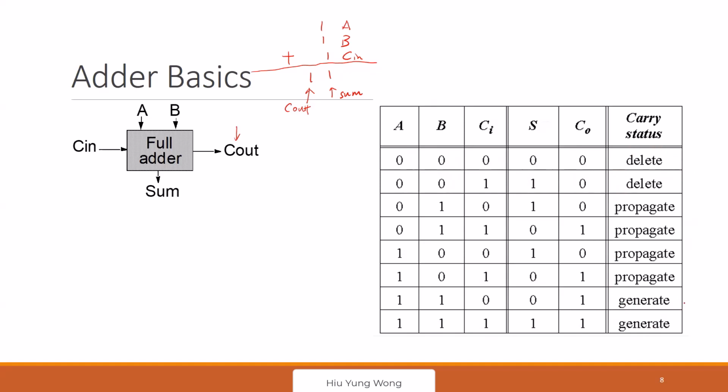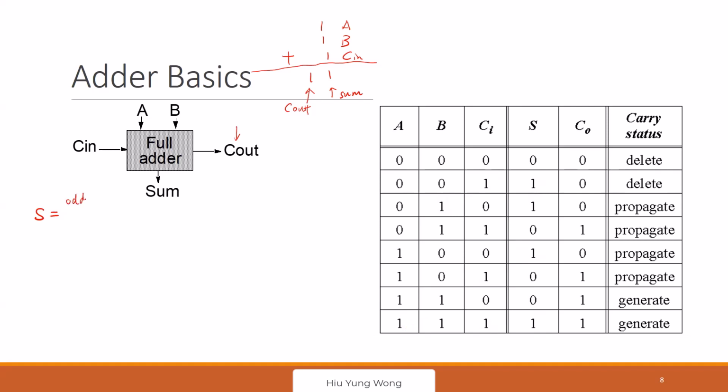Let's just do a very simple, naive way of understanding building the logic, right? So what is sum? How do you write it as a logic? Well, if you look at the sum, you will get 1 if you have 1, 0, 0, or 1, 1, 1, that is, an odd number of 1s.